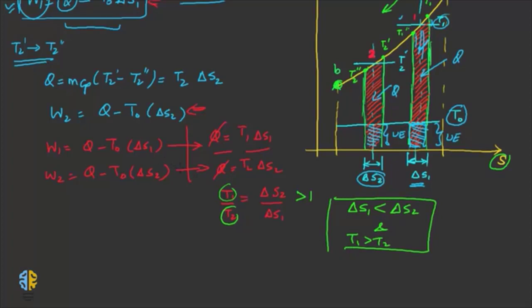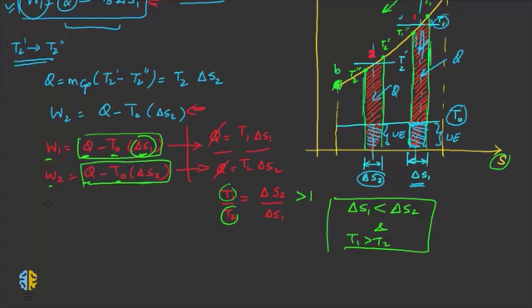Now let's look at this. If you have to compare between W1 and W2, the amount of heat loss is the same, Q. This value is a constant, T0, isn't it? This is less and delta S2 is more. So delta S1 being the lesser quantity as compared to delta S2, this would be a larger difference as compared to this difference.